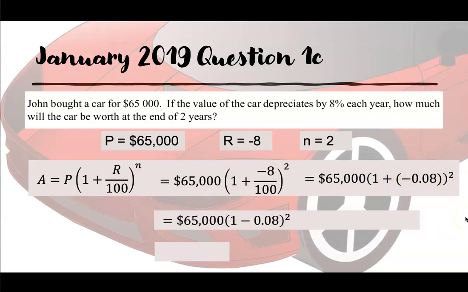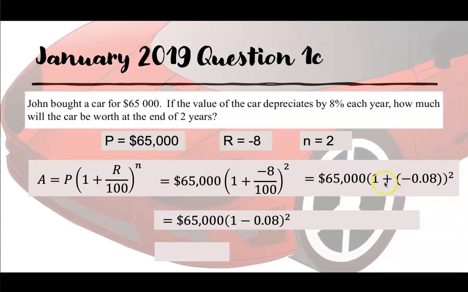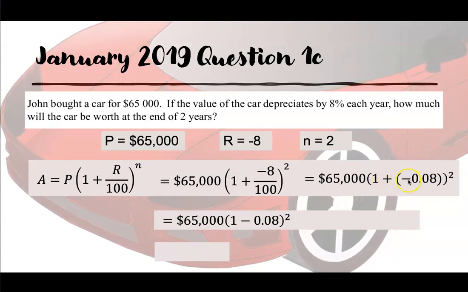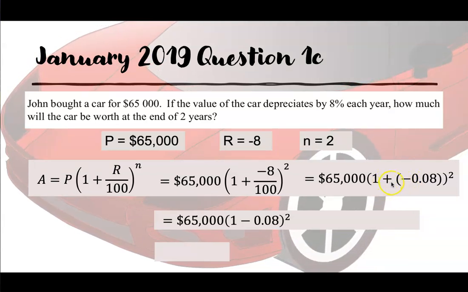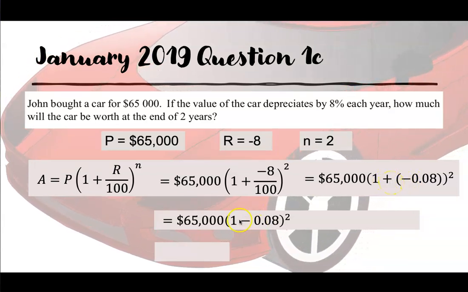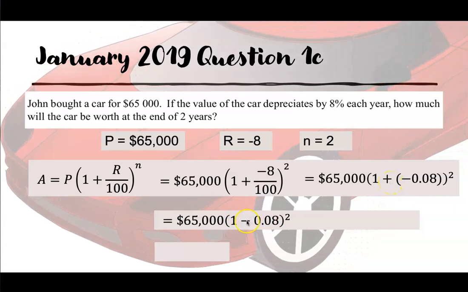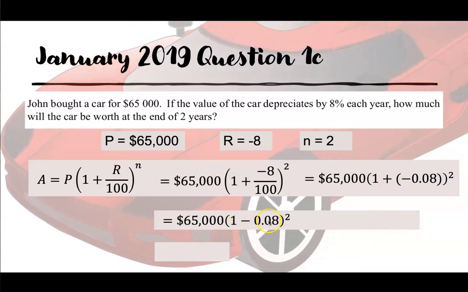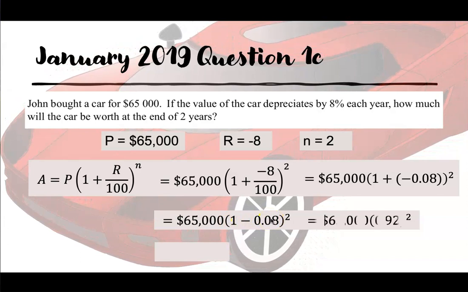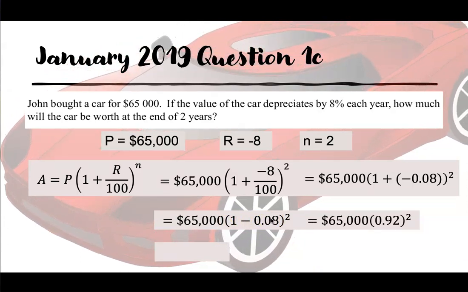That gives us $65,000 times 1 minus 0.08. So we should remember from our order of operations, right, that positive times negative gives a negative. Right, so that's a negative here. 1 minus 0.08 gives us 0.92 squared.